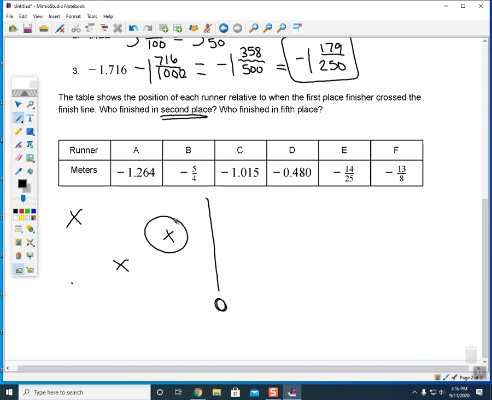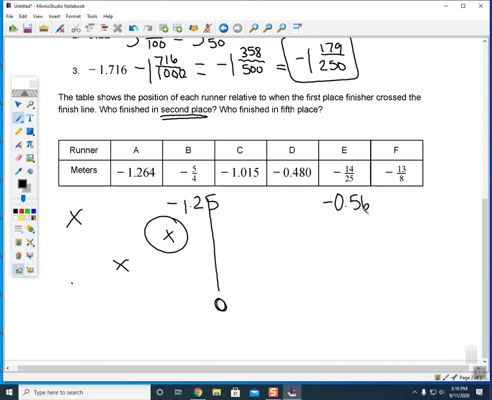So I can see this is negative 1.264, okay? That's probably not very close to 0. Negative 5/4 is the same as negative 1 and 1/4, so negative 1.25. Come over here. I've got negative 14 over 25, which is the same as negative 0.56.